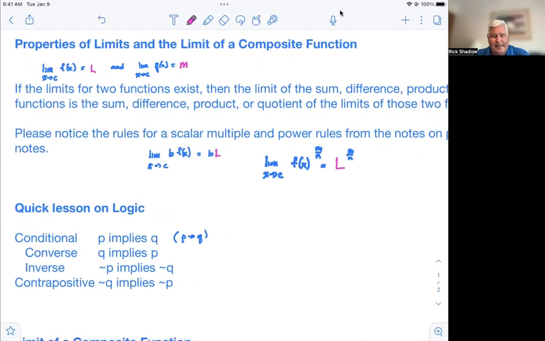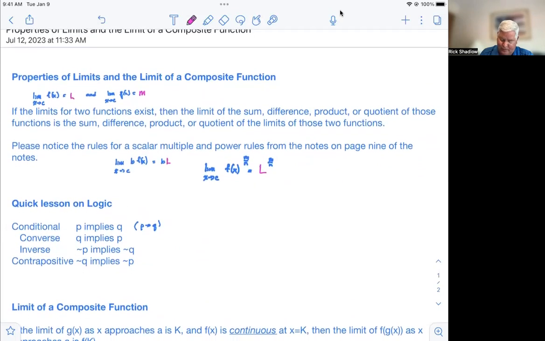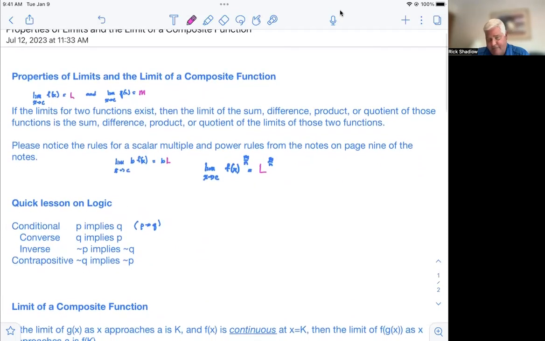Then if I take the limit of a sum, a difference, a product, or a quotient of those two functions, it turns out that the limit is the sum, difference, product, or quotient of the limits of those functions.